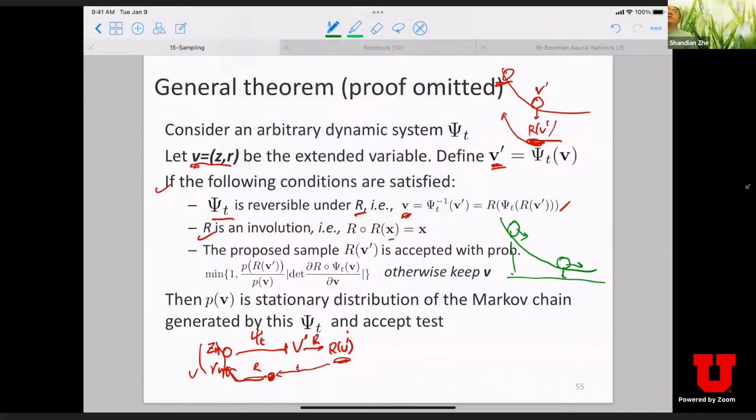So your R operation will simply negate the direction of the momentum. That means you reverse the direction of the velocity, but you keep its absolute value, and you keep the position.